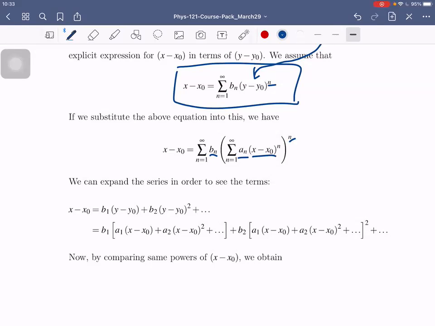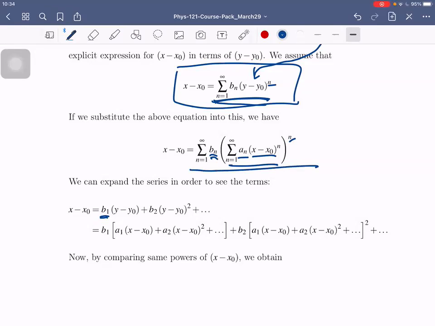For n equals 1, we have b sub 1 times y minus y sub 0. Plus b sub 2 times y minus y sub 0 raised to 2 and so on.